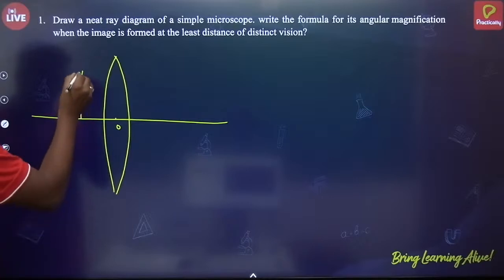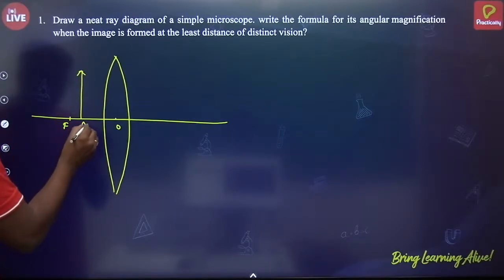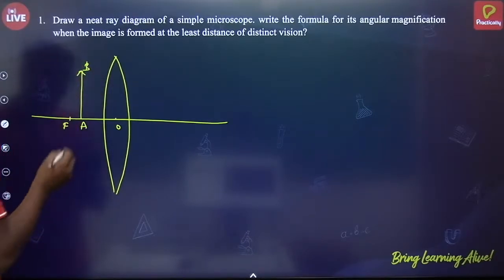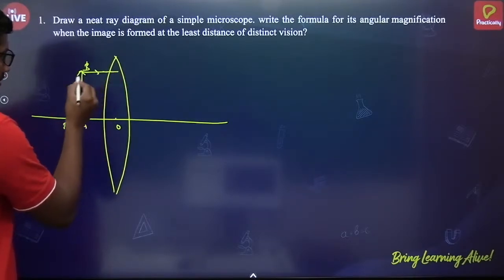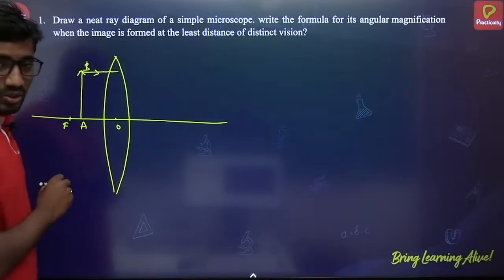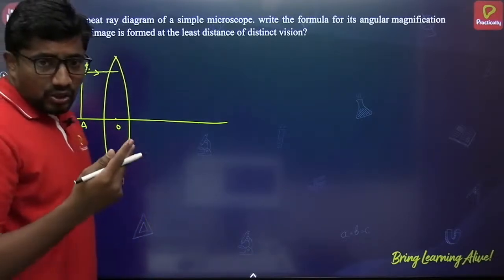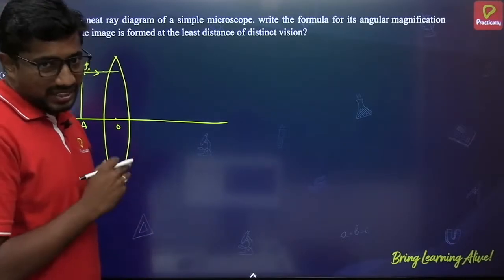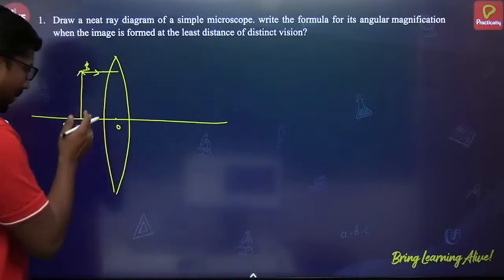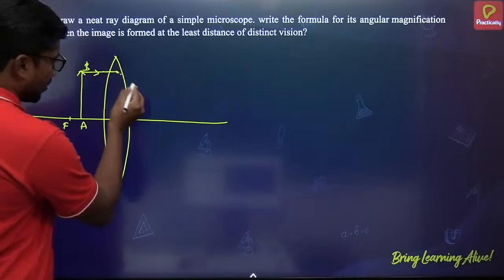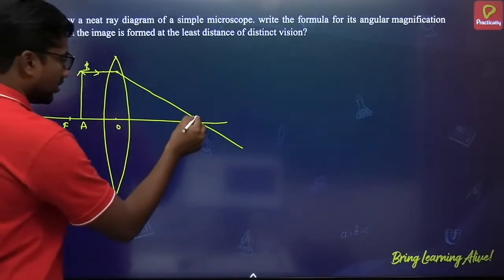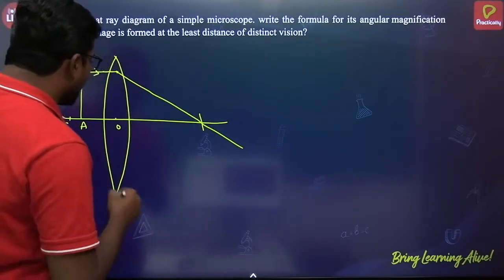If I keep the object AB over here, then this is the line which is parallel to the principal axis. A minimum of 2 light rays are required to represent this ray diagram. 1 light ray I will take parallel to the principal axis. Then the refracted light ray will propagate through the focus.